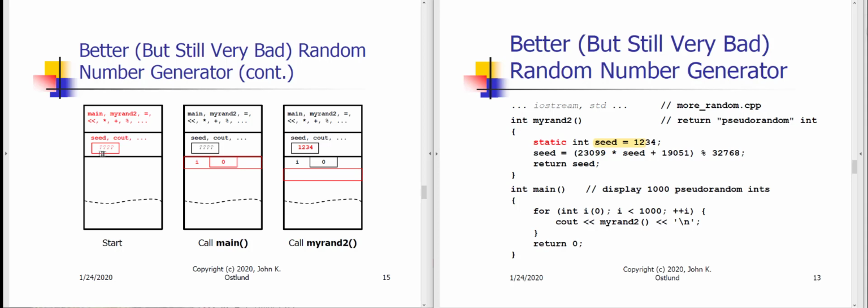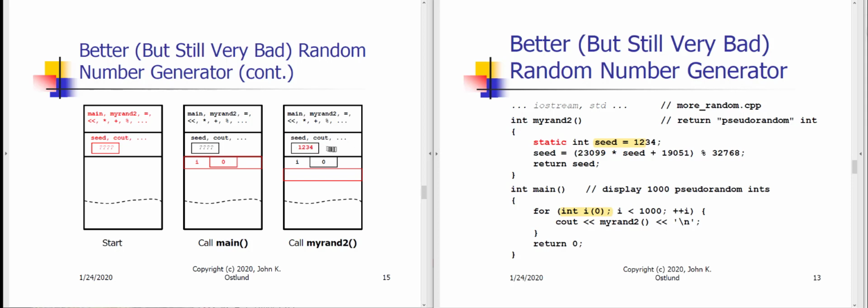All right, in main, we do have a local integer variable i, initialized to 0. And because 0 is less than 1,000, we are going to call myran2. At this point, the very first time we call myran2 is when seed in the static data area does get set to 1234.